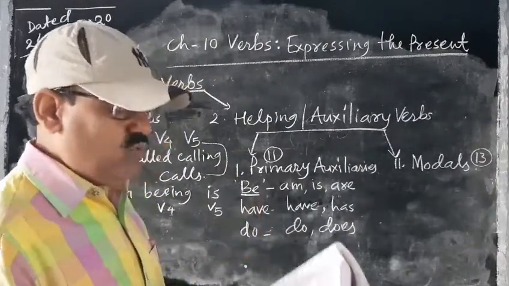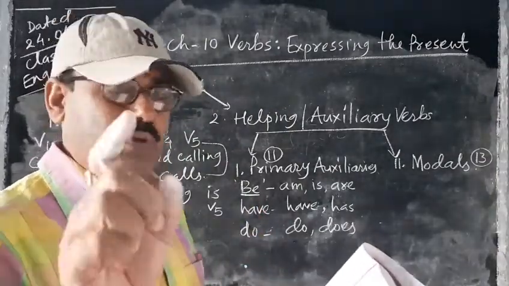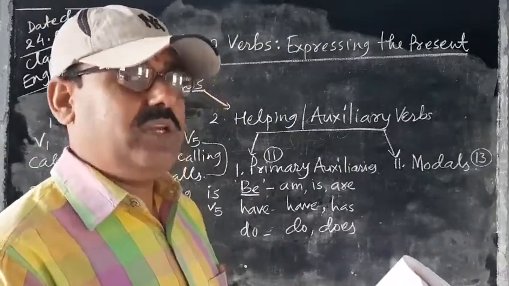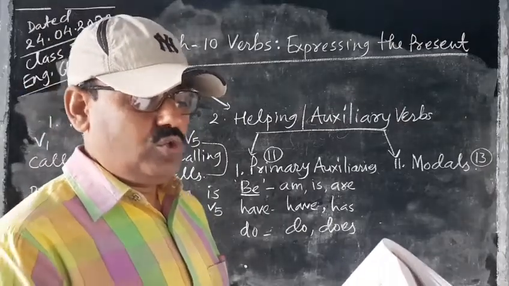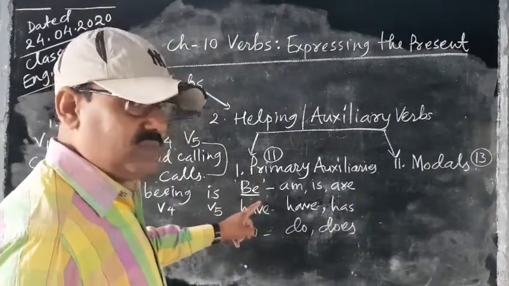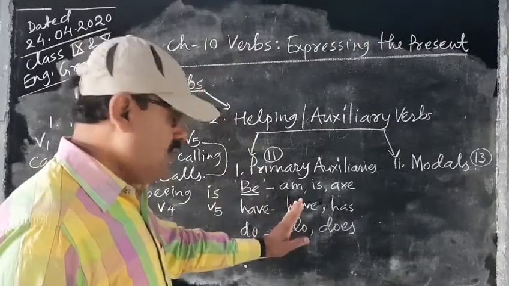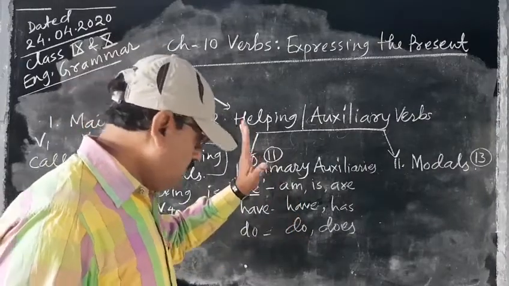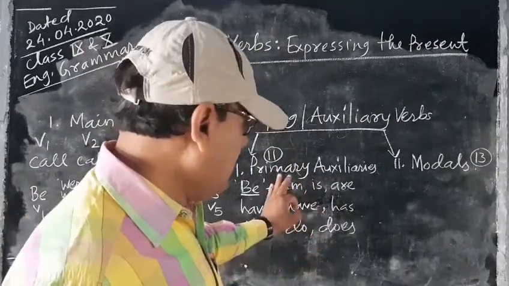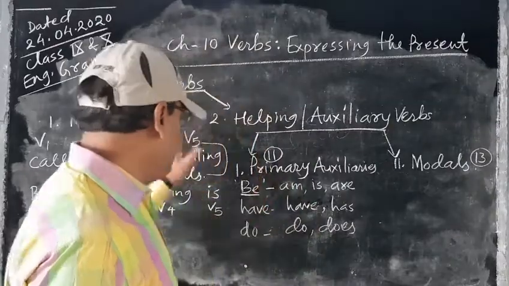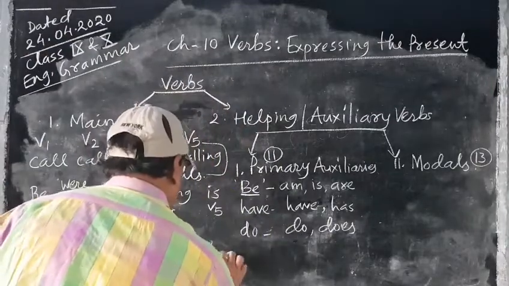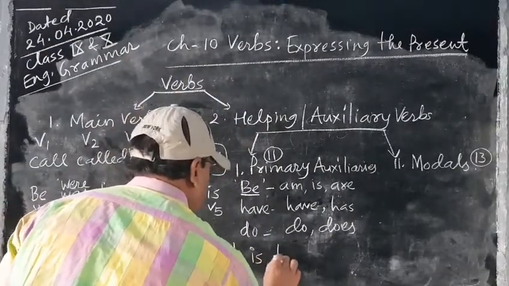So here the book starts with be, and the fact it says is that be is used in two ways: as an ordinary verb or main verb, and second, to form other tenses. When these verbs come alone without being followed by any other verb, that will be counted as main verb. For example, Amir is tall.